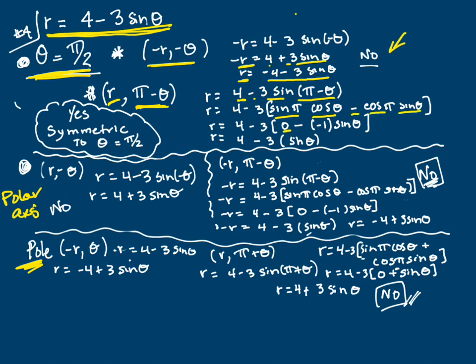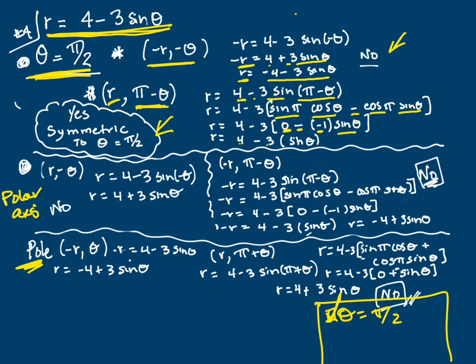Sine pi is 0, so that whole term turns to 0, and cosine pi is negative 1, so I have minus a negative 1 sine theta. So I end up with 4 minus 3 sine theta. So that was a yes for part B. So down here, where you have your little box, it's symmetric to theta equals pi over 2. Yes, it is a check.